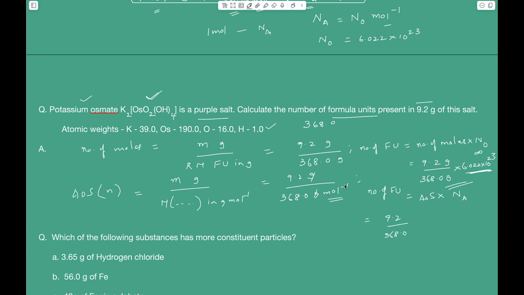This mole inverse goes into the numerator, becomes mole, multiplied with Avogadro's constant, which is 6.022 into 10 to the power of 23 per mole. Now these two units get cancelled and you will get the same expression for the number of formula units. Two different ways of solving the same problem. Here we are using the physical quantity amount of substance, here the number of moles.